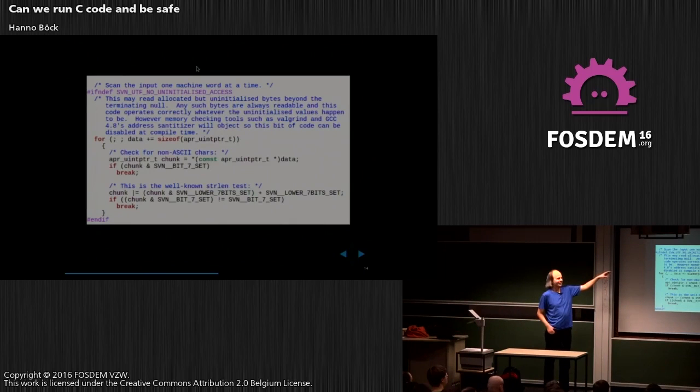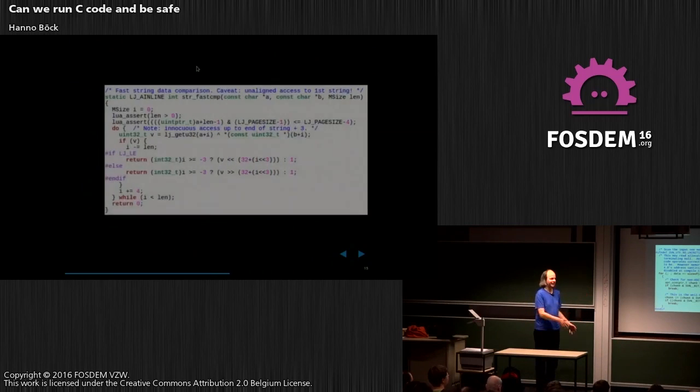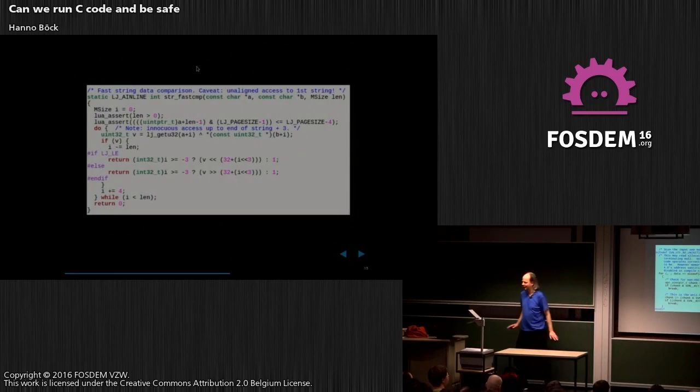So the correct code is optional. It says this may read allocated uninitialized bytes beyond the terminating byte, which is wrong. The bytes are actually not allocated. I had some discussions with the developers, and in the end they fixed it. So that turned out well.